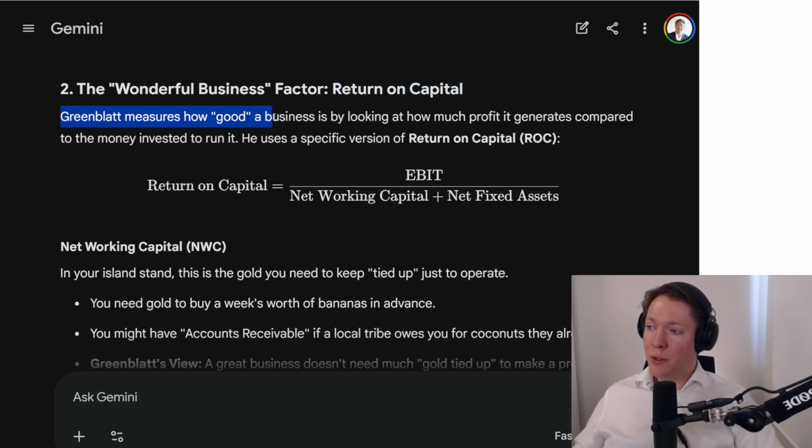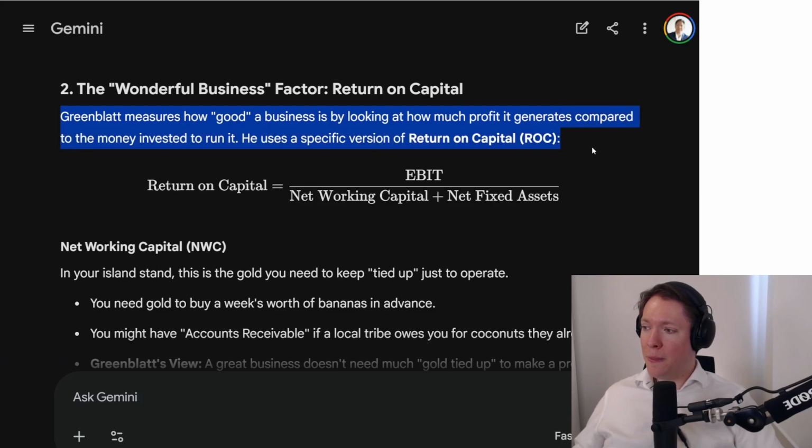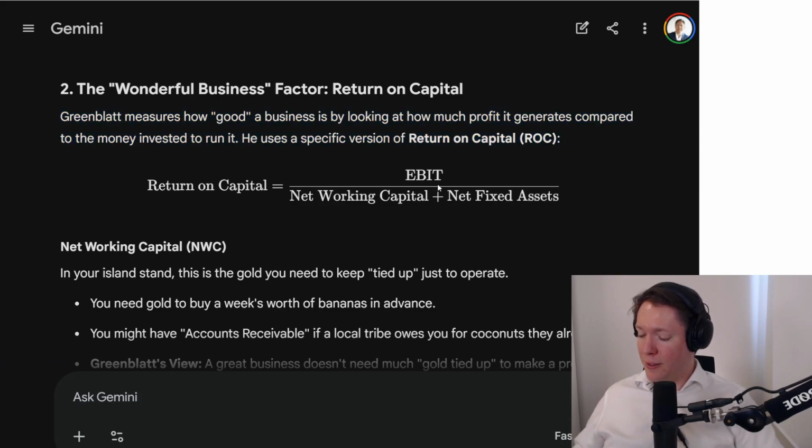So you measure how good the business is, because you want something where you can build new stands, and you can have the same profit of 2,000, and you want this business to have a high EBIT and quite low capital needed to build a stand. So when you buy the business and build new stands yourself, you want as much earnings as possible on the cost of maintaining and having the business.